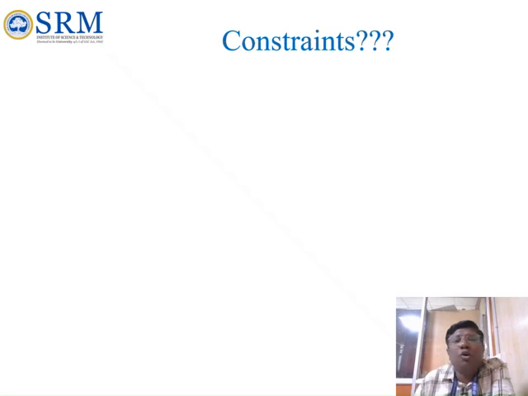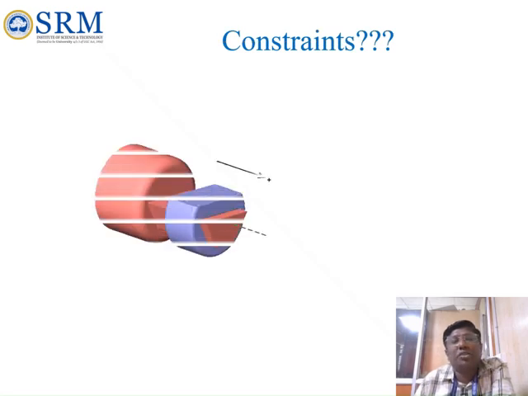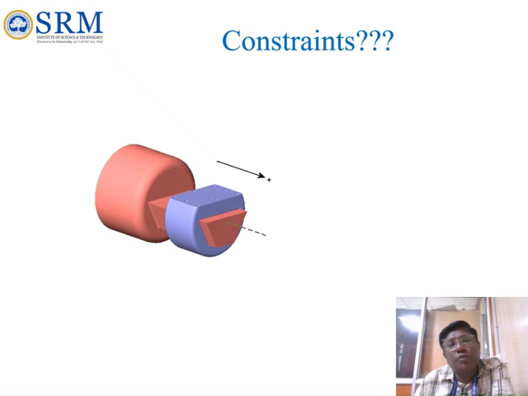Now, what do we mean by constraints? If you look at this diagram, this object is connected with this one. Will it rotate? It cannot rotate because it is trapezium shaped. It will not be allowed to rotate, but it can move in only one direction. So we are constraining all directions except the linear one, which is movement.